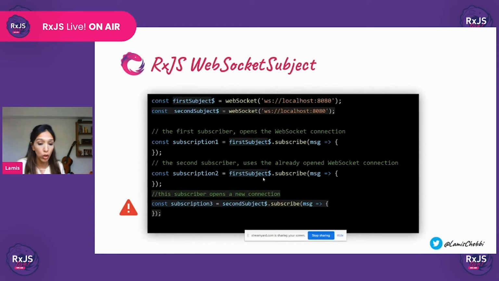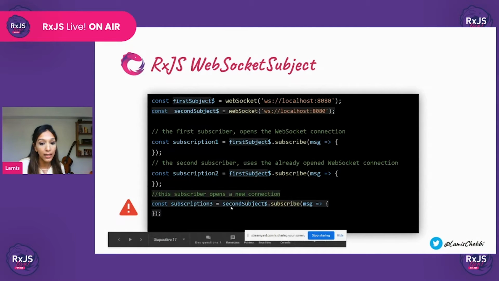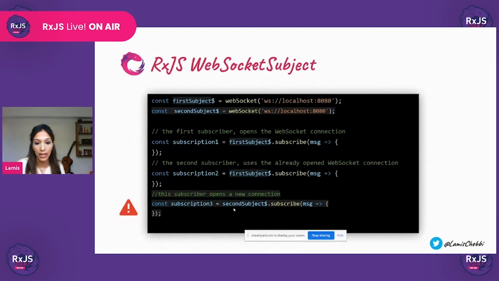It will use the already opened connection. And here I have the second subject, and the third subscription, which subscribes to the second subject, will open a new connection, even though it's the same URL, because there are two different instances, so two separate connections systematically. So be aware of this.